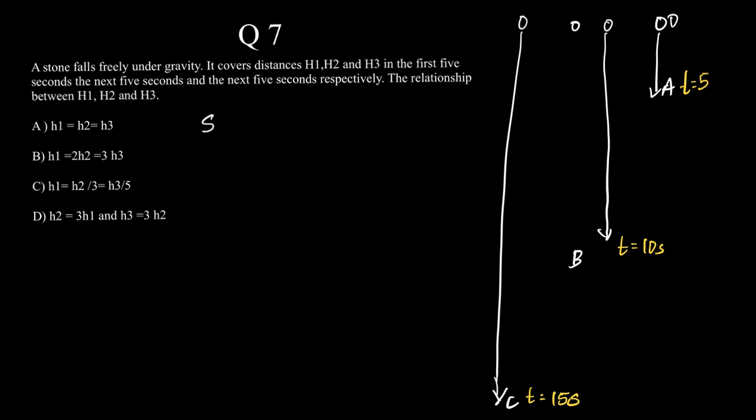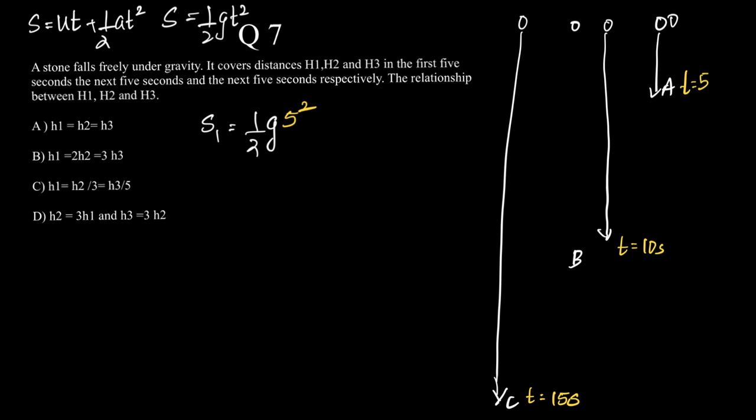So what is S1? See, what is S? S is ut plus half at square. Since it is from rest, S is equal to half gt square. So what is S1? Half into g into 5 square. What is S2? Half into g into 10 square.